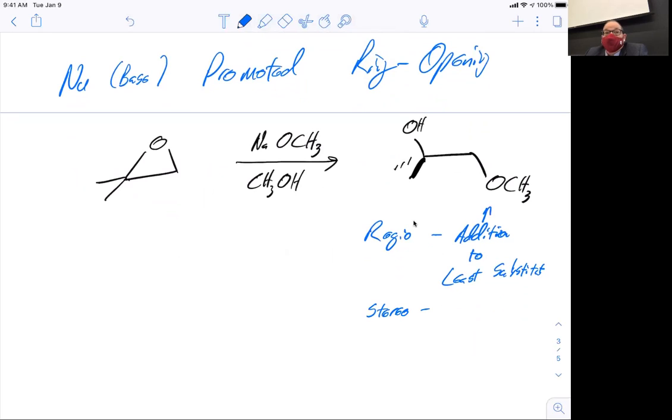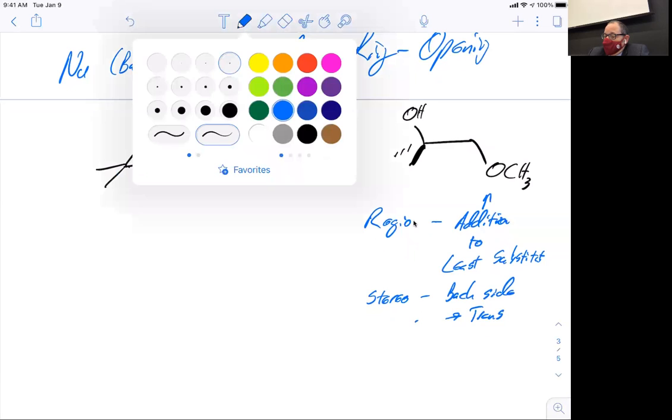And the stereochemistry, as we saw with the dihydroxylation, is we get backside attack. So therefore, it's going to be a trans, one on top, one on the bottom type process. Not really anti-addition, but it gives us an anti-style product. Okay, so let's look at the mechanism on this one.